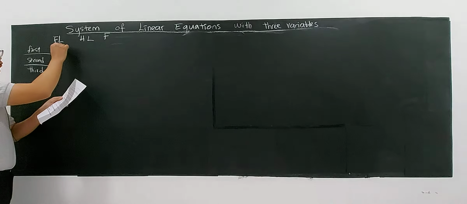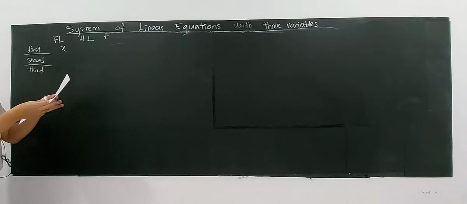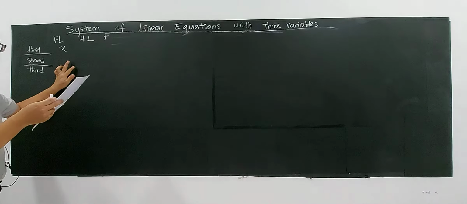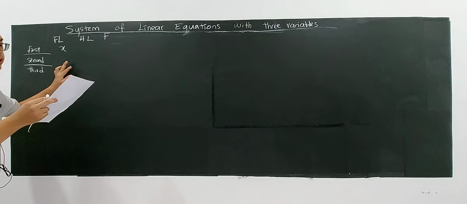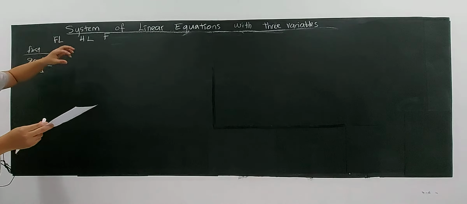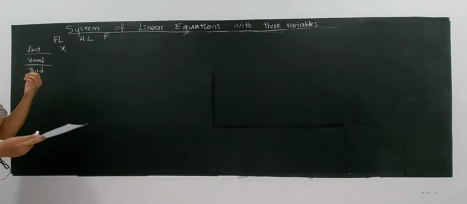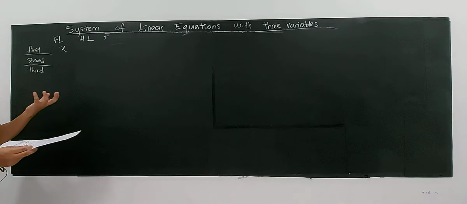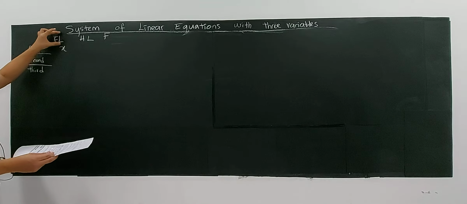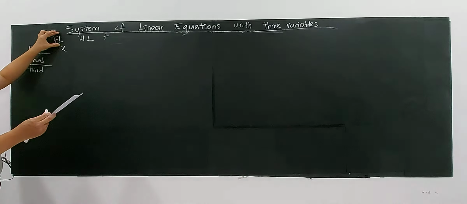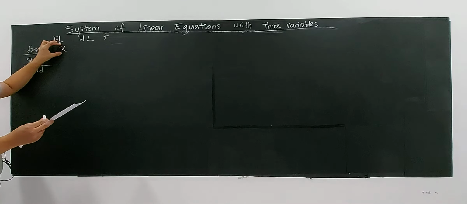So in the first row you have X. We just write multiply, because X, Y, Z represent the commission, and we don't know how much the commission is. For full leather, the commission is X. Why X?